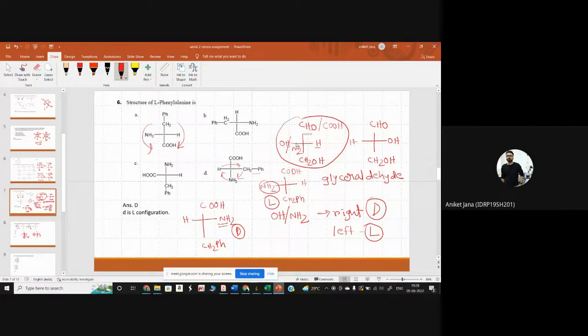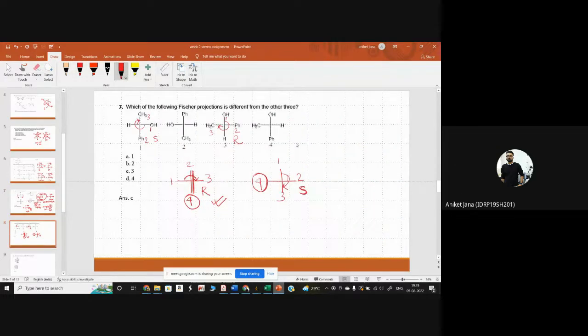This is a way of representation, and here we are dealing with the absolute configuration R or S. If the lowest priority group is in the horizontal or vertical position, the notation will change accordingly.